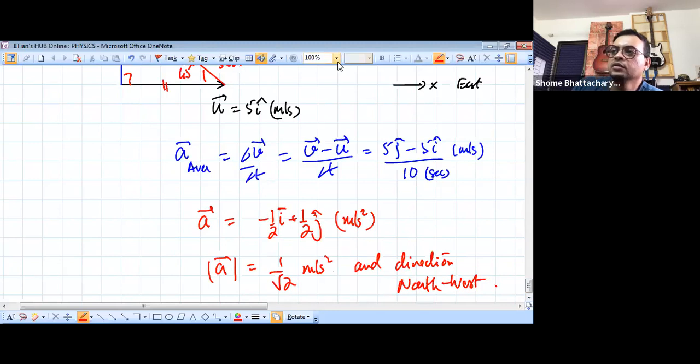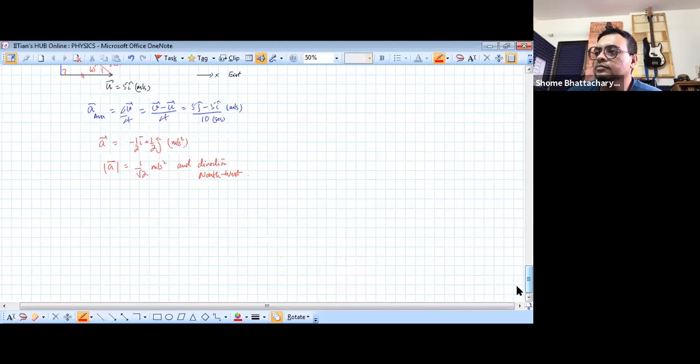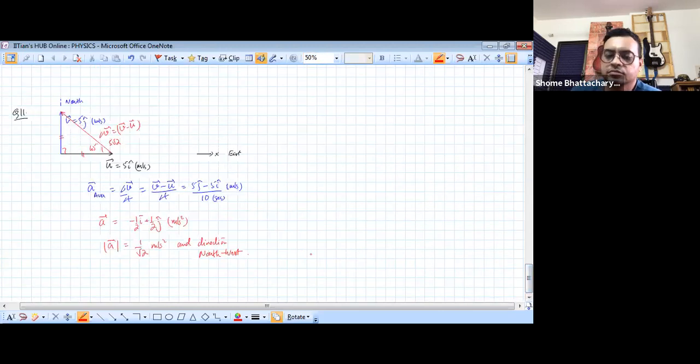Okay, so hope this is clear, people. Okay, Linkit, I'll send the module again later. Okay, let's come to question 21 before we move on to exercise 2 and 4.